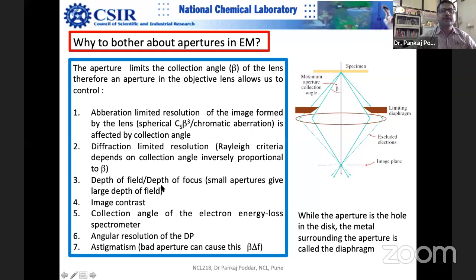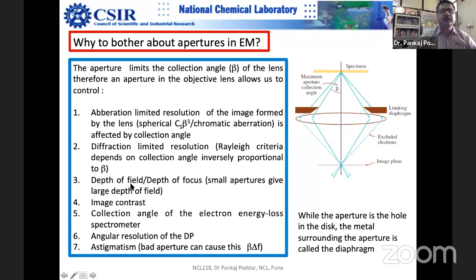On the other hand, the second point: the diffraction limited resolution, the Rayleigh criterion, depends upon the collection angle inversely, that is, it is inversely proportional to the collection angle beta. Depth of field and depth of focus also get affected.